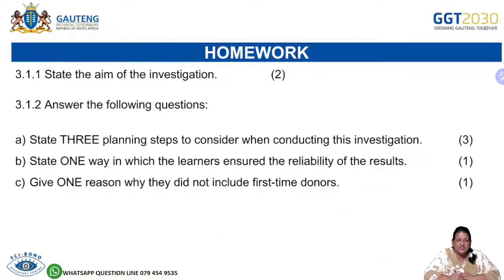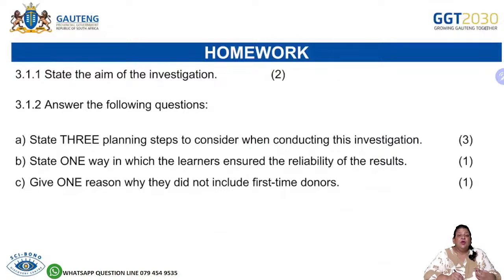State the aim of the investigation: to determine the blood groups in the community. What are the planning steps? Whenever you do a planning step, children, whether it's plants or animals, this will always be there. Remember, you cannot ask for permission from plants. So when people are involved, you first get permission to do an investigation.